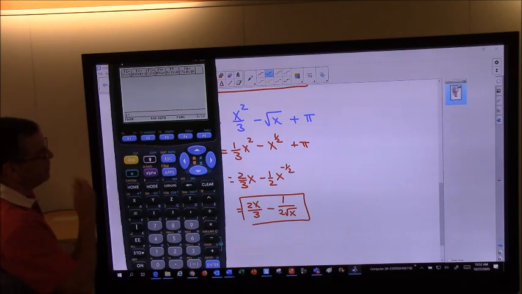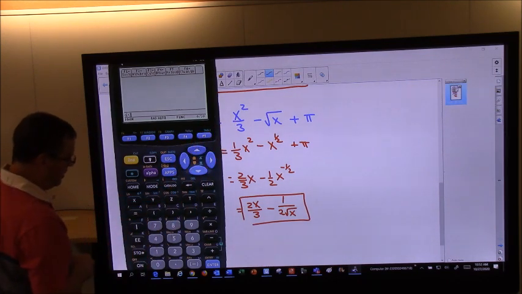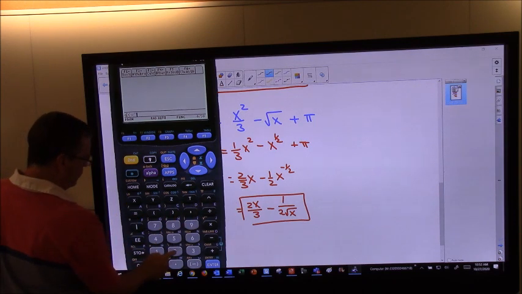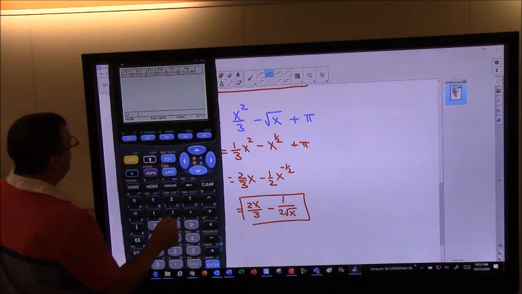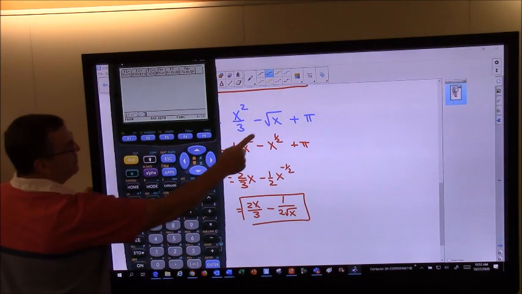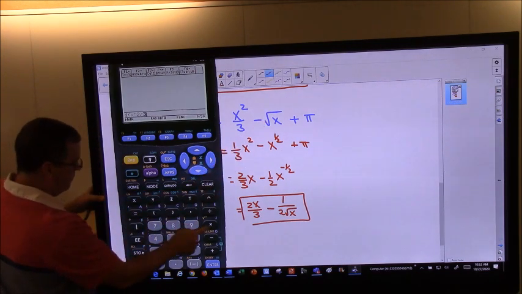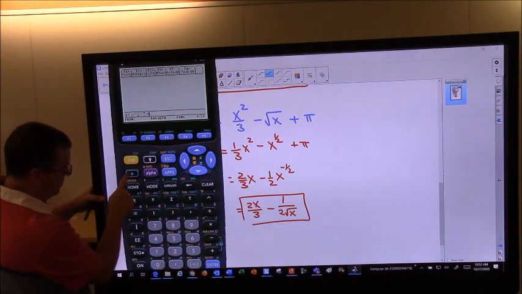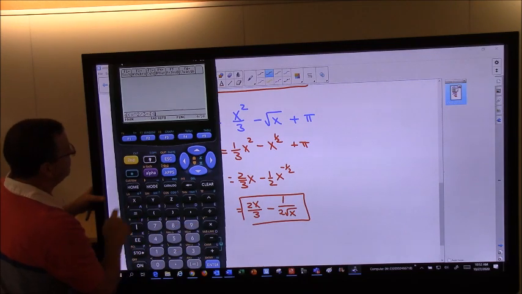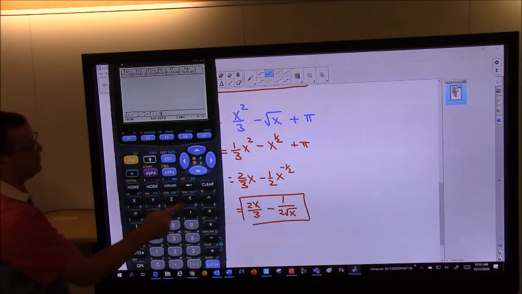All right? So I'm going to punch in this expression. I've got x squared divided by 3 minus the square root, so minus root x. I'll punch in exactly the way I see it, plus pi.